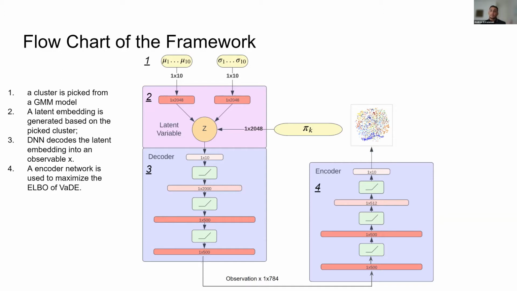That gets passed into a decoder network, which can then be embedded into an observable X, let's say an image or a digit in the MNIST data set. And then that's fed back into the encoder network, which is then used to update the mean and the standard deviation of that cluster. So it's constantly trying to shift the weights of the mean and standard deviation of each cluster within our data set.